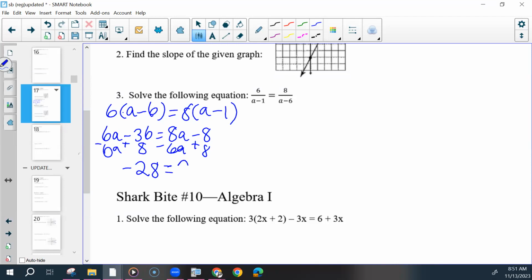Divide both sides. I need the 3. So that a would equal negative 1. Questions on that one?